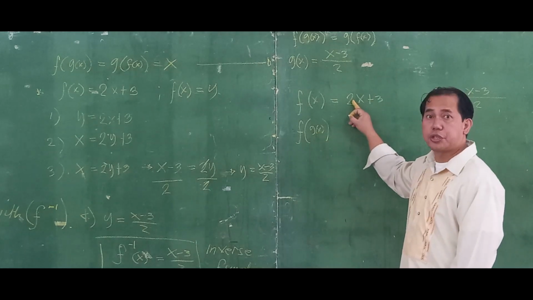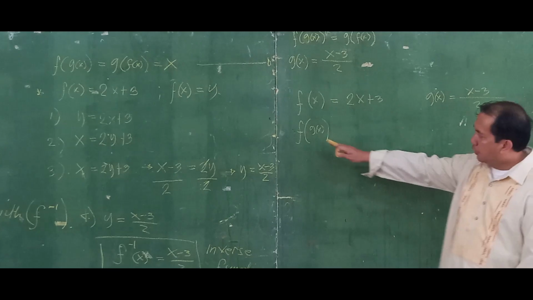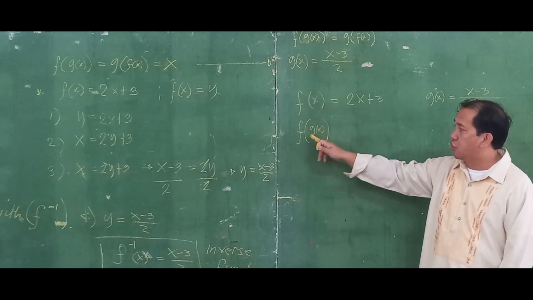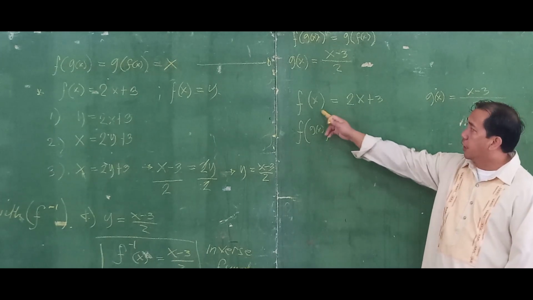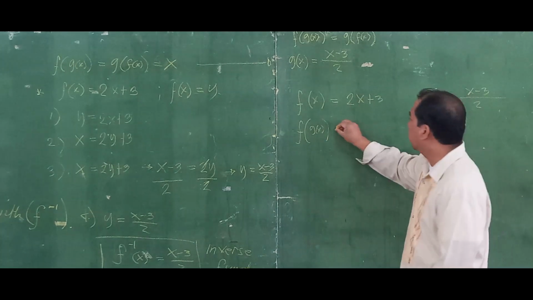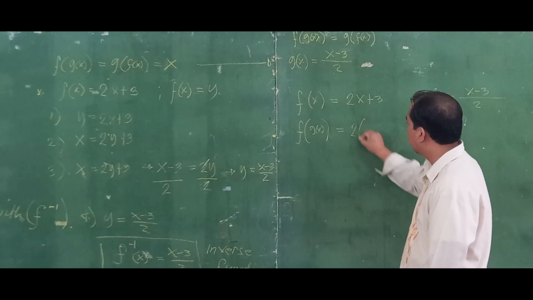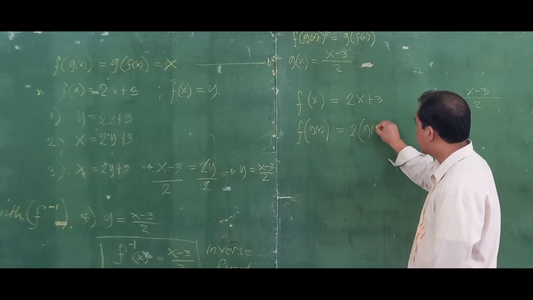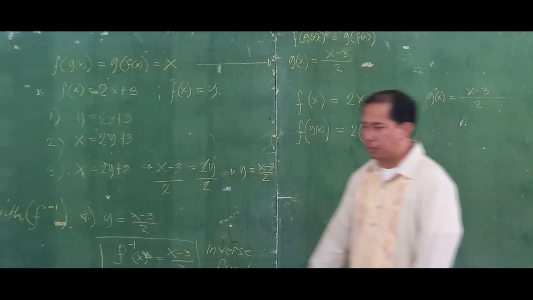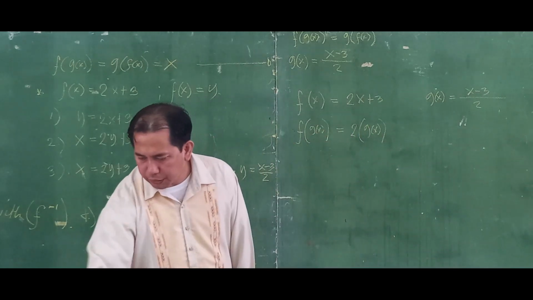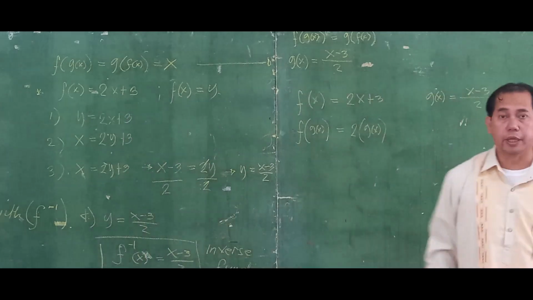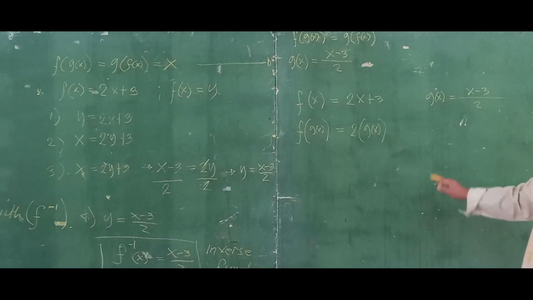And we will also change the other one. Now, notice in here that I already changed my x to g of x. Because that is already changed, you have to change this one. So what will be the result? That is 2 multiplied by g of x. I do not know if page number 46 has the same style of answering. That is why, look, I am detailing it.